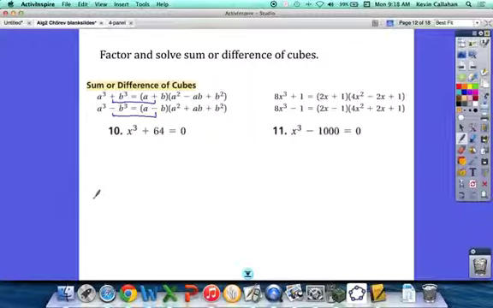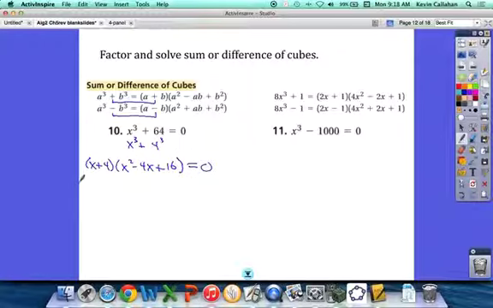Now, if we were going to solve this, I'm going to use the pattern. First, what number cubed equals 64? 4, right? So if I consider this like x to the third plus 4 to the third, then what I've got here is x plus 4 times x squared minus 4x plus 16 equals 0.